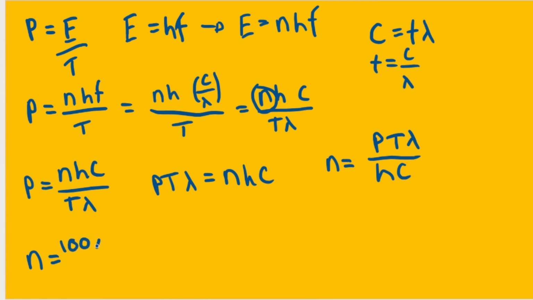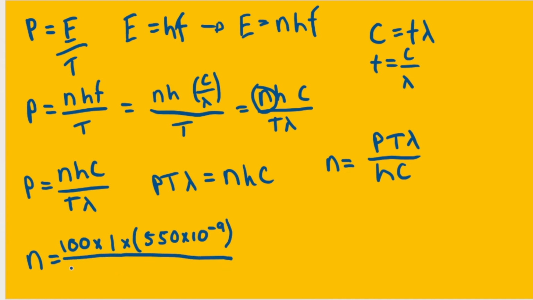We said the time, because we want per second, it's just going to be 1 second. The wavelength we said was 550 nanometers. Now that is 550 times 10 to the minus 9 meters, because nanometers is to the minus 9 meters.